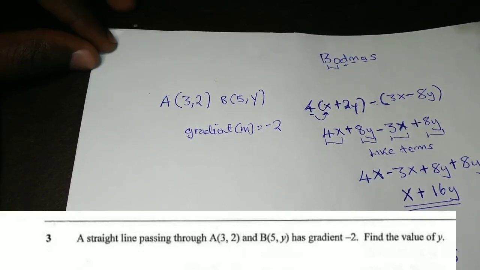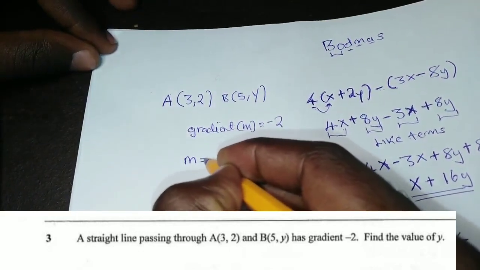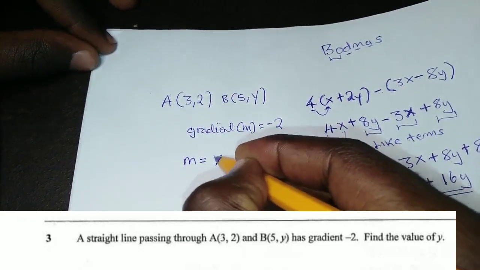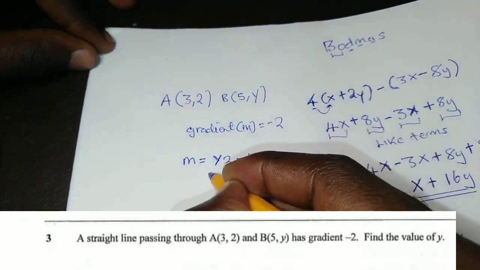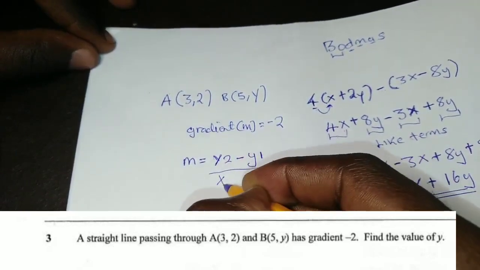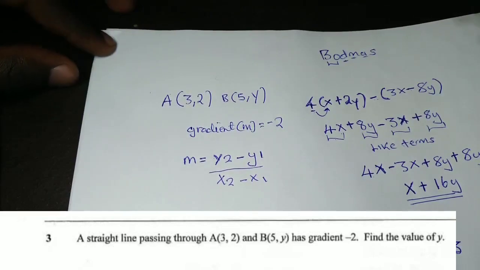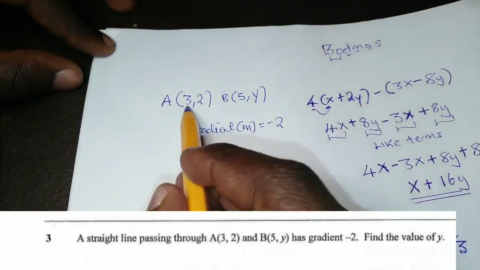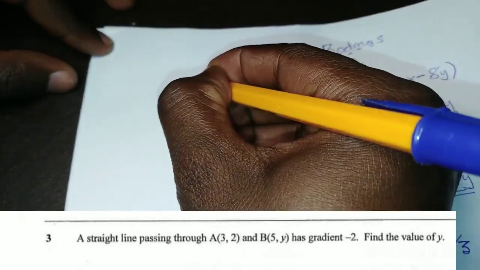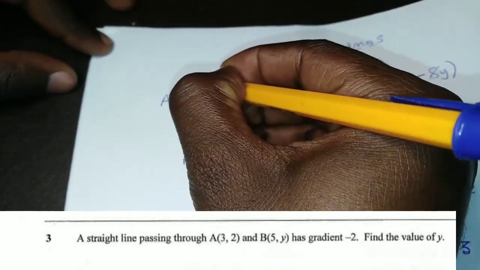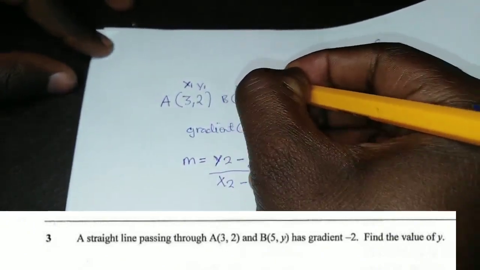We know the formula for gradient. M is simply equal to y2 minus y1 over x2 minus x1. The coordinates that we've been given there: this one will be x1, this one is y1, this one is x2, and this one y2.